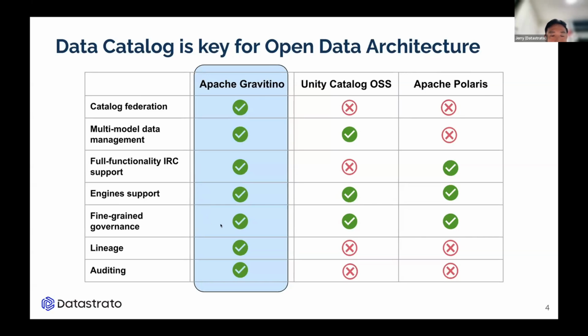We have fine-grained access control and other governance features, and we support lineage and auditing. Across all aspects, from technical metadata to business metadata, we support a lot of features compared to the open source Apache Polaris and Unity Catalog.